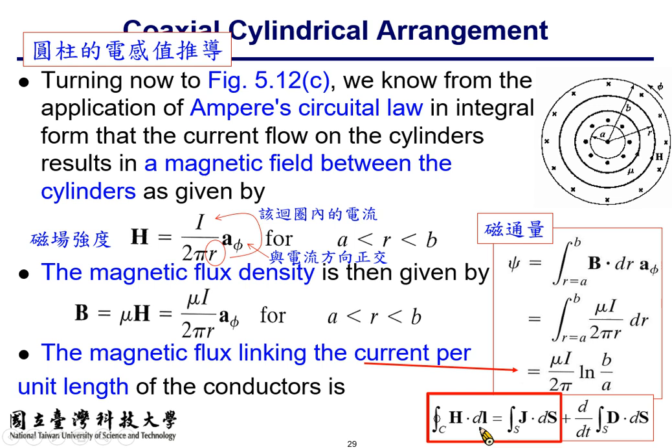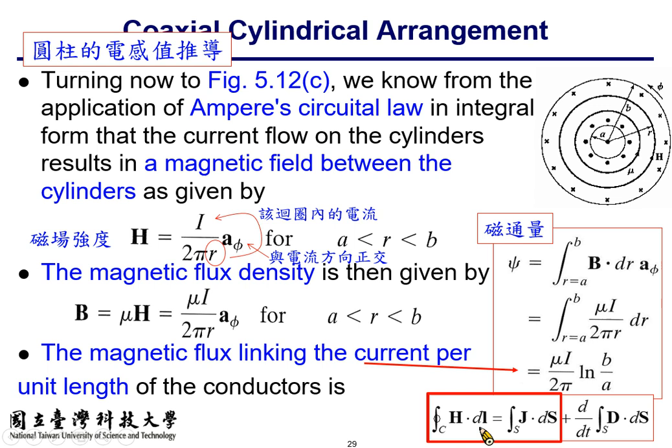If the loop is not random but symmetrical, like a circle with radius R, then the closed loop integral of H along this circular path is 2 pi R times H. Suppose the z-axis is this way and currents flow in the z direction.